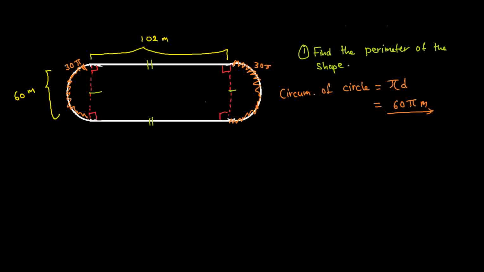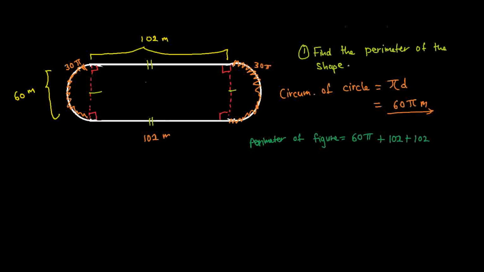Now combined, this curve plus this curve gives you 60 pi. Now let's include the 102 meters that is here and the 102 meters at the bottom as well. So what do we have? I'm going to say perimeter of the figure is equal to 60 pi, which is 30 pi plus 30 pi, plus 102 meters plus 102 meters.